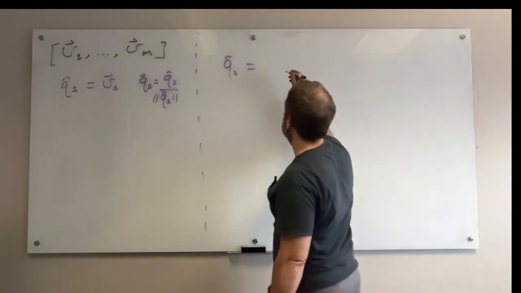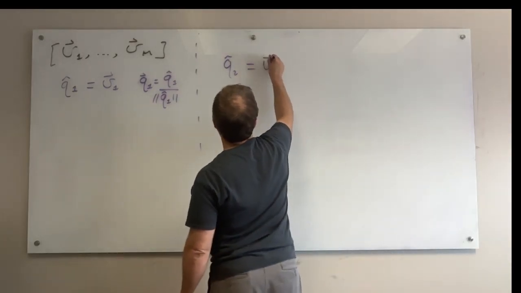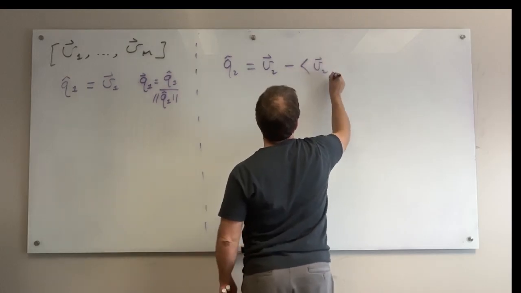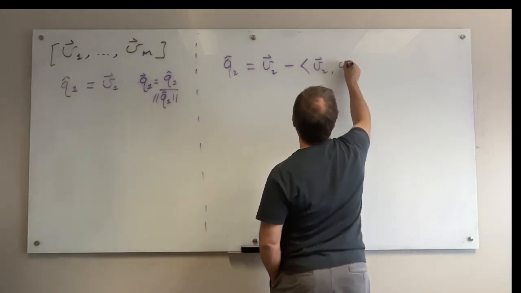So q2 hat is going to be equal to v2 minus the projection of v2 onto q1.